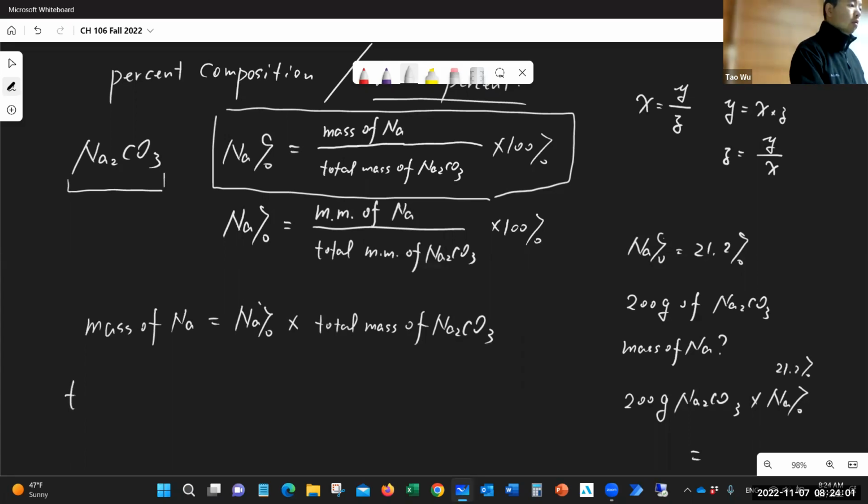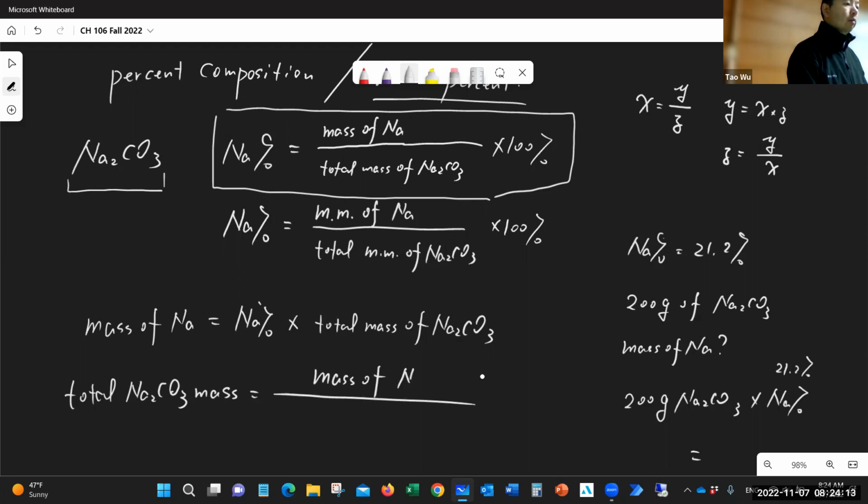So the total mass equals the mass of sodium divided by sodium percent. So this is another equation based on the equation that we gave.